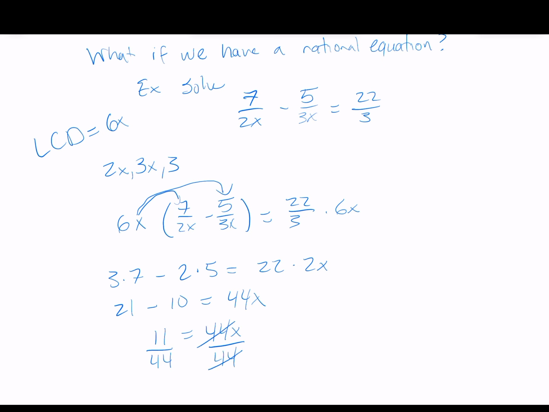The 44's cancel. I'm left with x is equal to 11 over 44, which reduces to 1 over 4. So x equals 1 over 4 is a solution to the equation.